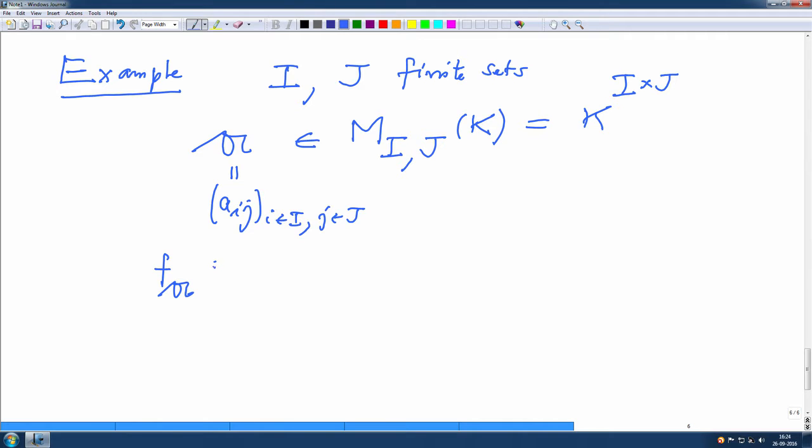And this is a map from where to where? This is a map from k^J to k^I. These are finite dimensional vector spaces because I, J are finite sets, and these are the standard vector spaces. There is a standard basis here, there is a standard basis here.